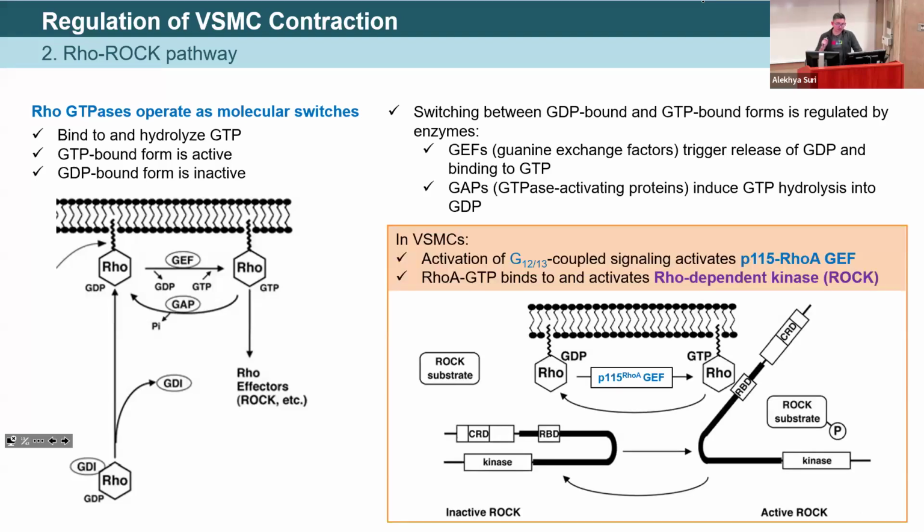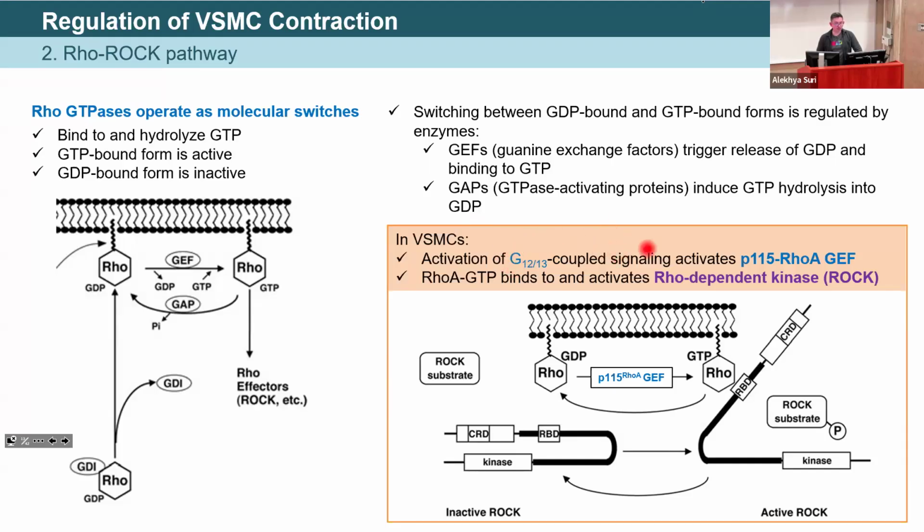In the specific case of Rho, there's a particular G protein coupled receptor, one of the obscure ones that I mentioned but we didn't really emphasize in the signaling class: G12/13.